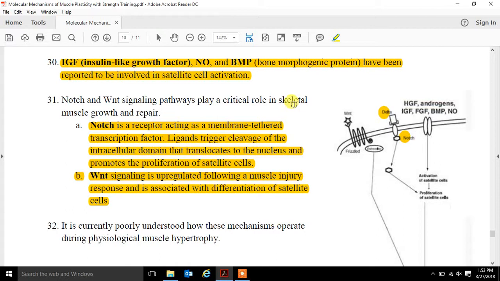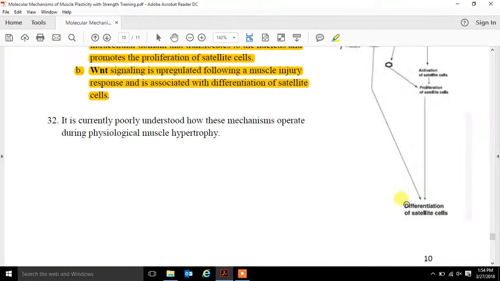So it's really hard to truly understand what's going on here because, while there is some muscle damage associated with resistance exercise, it's profoundly less than what you see in some of these experimental models. As such, it's poorly understood how these mechanisms operate in physiological muscle hypertrophy. They may play a role, they may not. It's really hard to tell. But we do know if you've got muscle damage, even if it's extreme, these two pathways come into play. There's our differentiation of satellite cells.